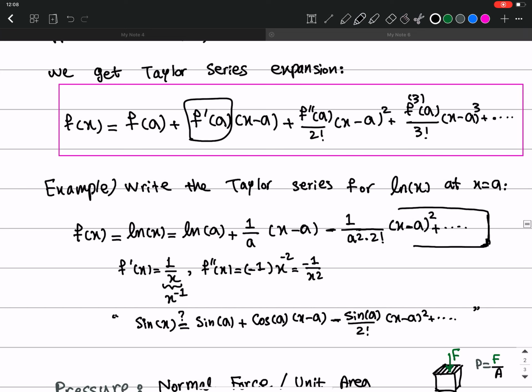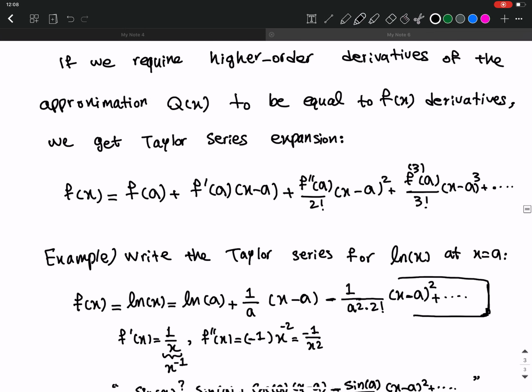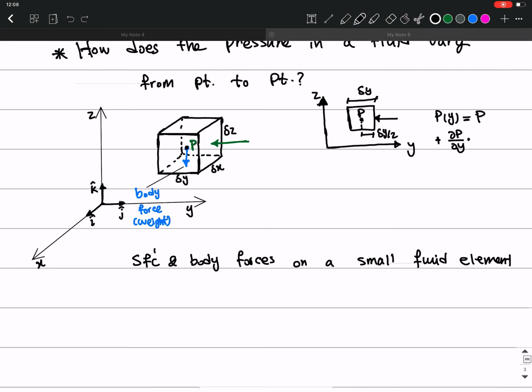Here we have f prime of a, which is the partial derivative of P with respect to Y, because we are writing it in the Y direction, times x minus a, which here is Y2 minus Y1, which is delta Y over 2, correct?